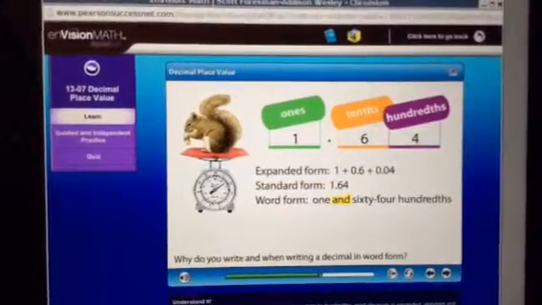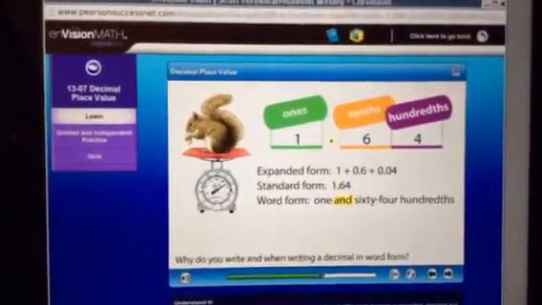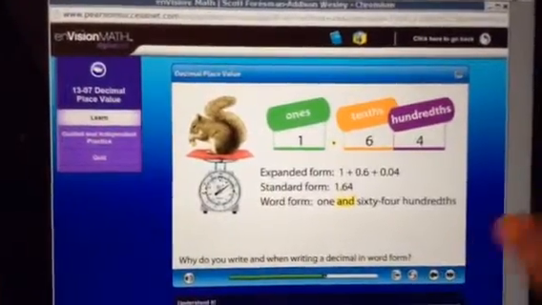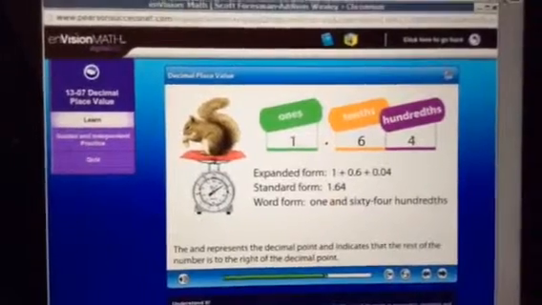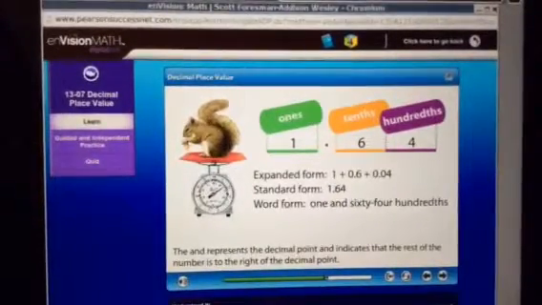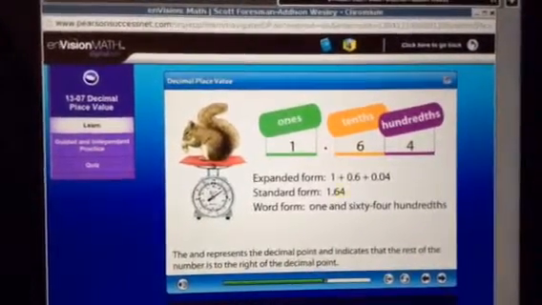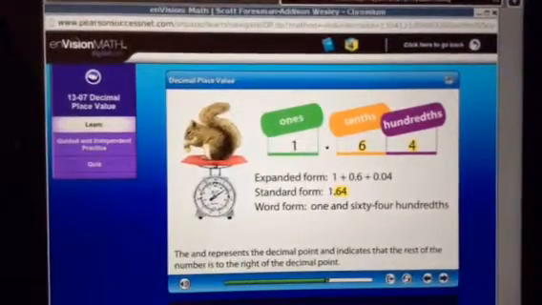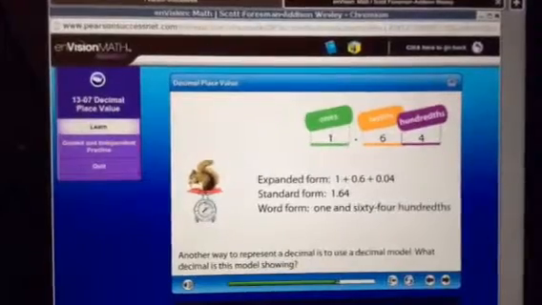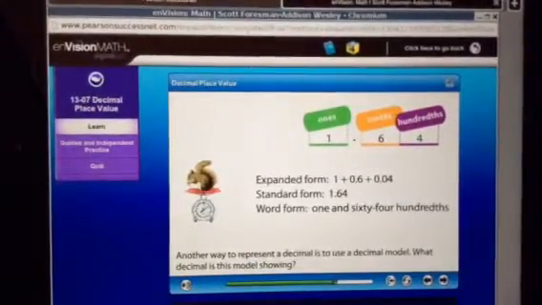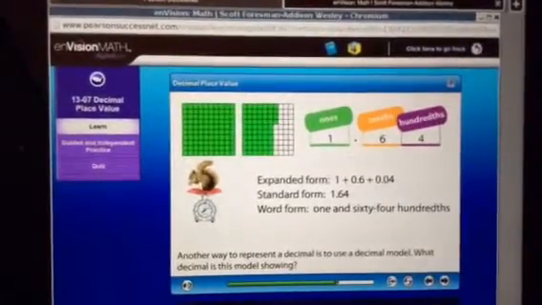Why do you write "and" when writing a decimal in word form? The "and" represents the decimal point and indicates that the rest of the number is to the right of the decimal point. Another way to represent a decimal is to use a decimal model.